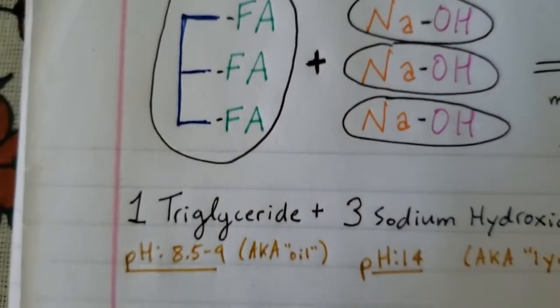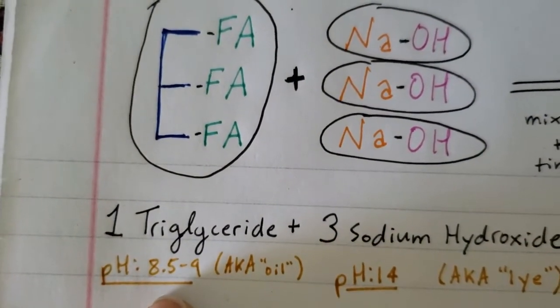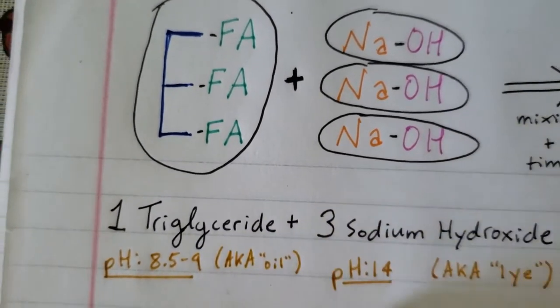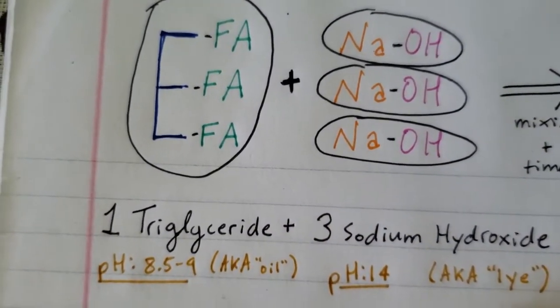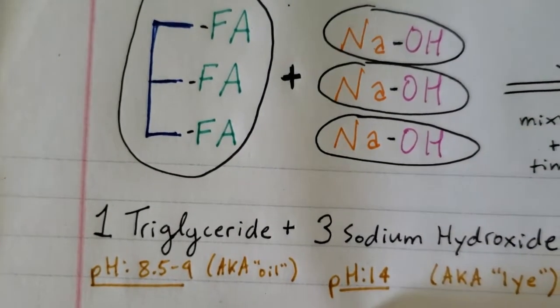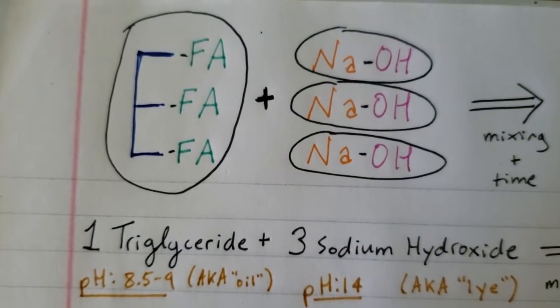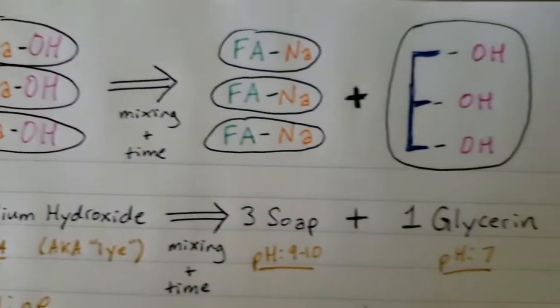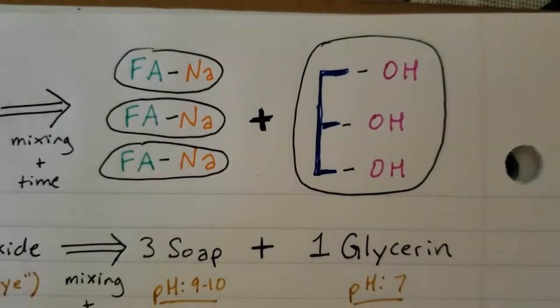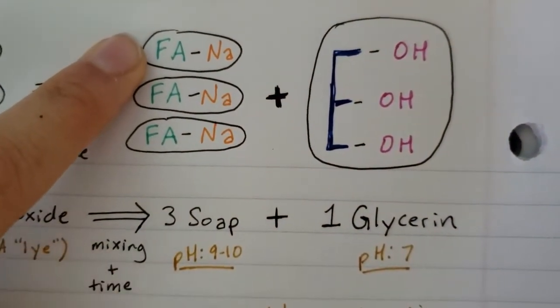If we look at the pHs of these, the pH of triglycerides is slightly alkaline, 8.5 to 9, and then the pH of sodium hydroxide, otherwise known as lye, is 14, very, very strong. Then we'll mix these and give them a lot of time to sit, and it will produce 3 soap molecules, which is a fatty acid attached to a sodium.